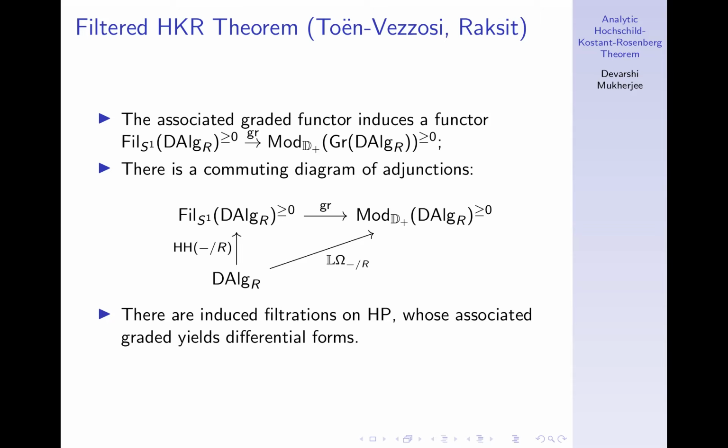So the usual statement that you can find in Loday's book is that the Hochschild complex splits into a sum of complexes, each of which has the derived type of L^i of Omega. But this splitting needs characteristic 0.